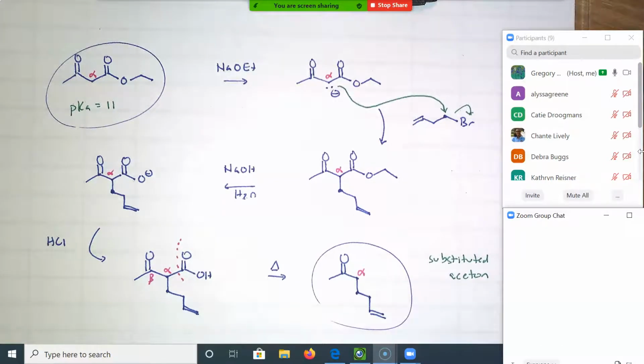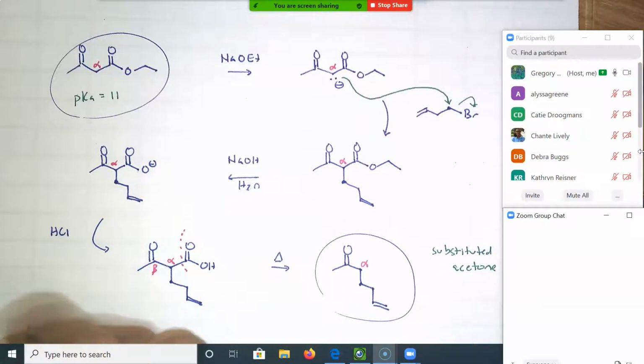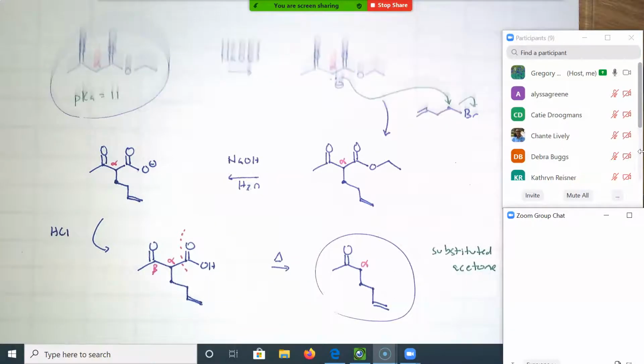So for practical purposes in the lab, this is a good way to do substituted acetone. And that's it.